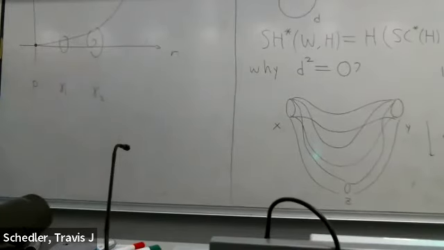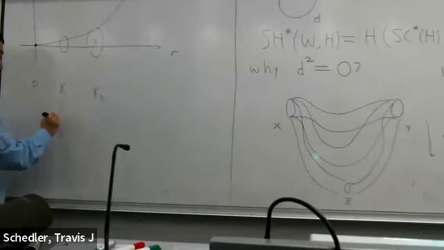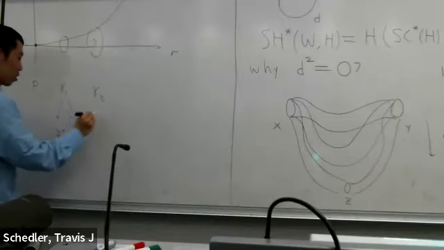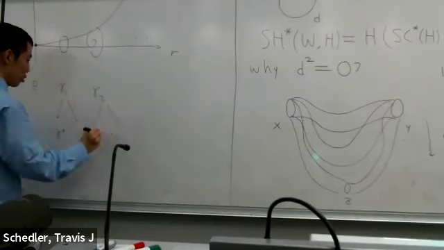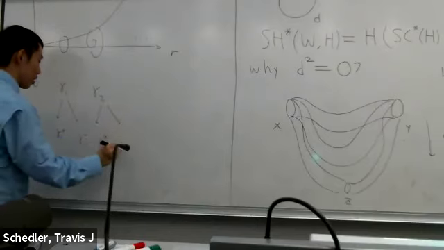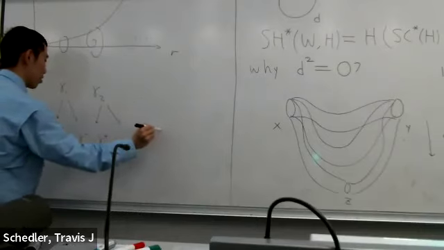However, we don't want this to happen. So in practice, we slightly perturb our Hamiltonian function H by adding some small perturbation such that gamma 1 breaks into two new orbits, gamma 1 plus and gamma 1 minus. Similarly, gamma 2 gives gamma 2 plus and gamma 2 minus, and so on.